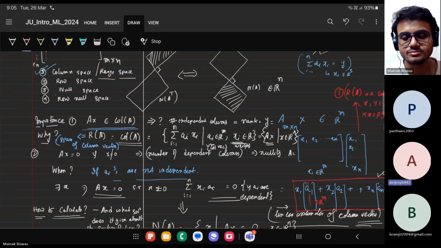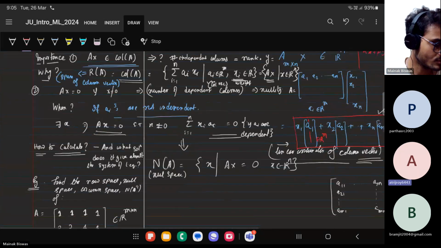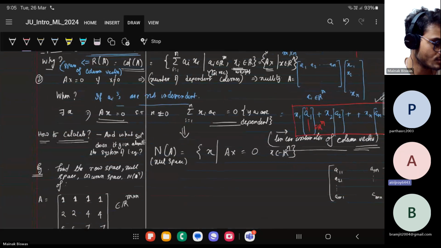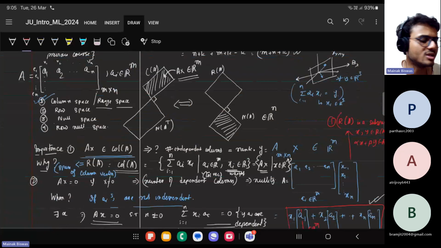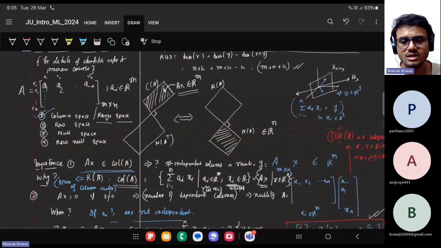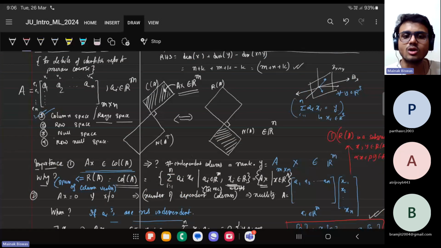Can you explain that square matrix part you mentioned just before? Let us complete everything first, and then we can see square matrices. In square matrices these spaces have the same dimension, that's what I said. So Ax equal to 0, the zero vector, is always in the column space, yes or no?